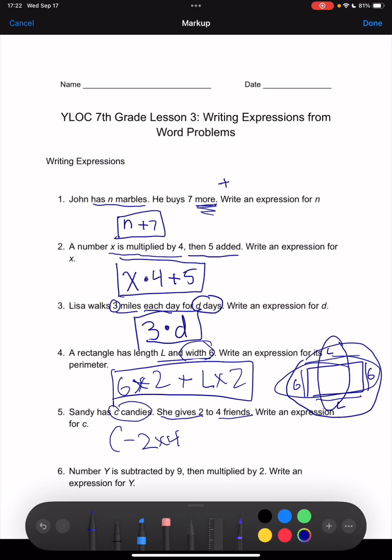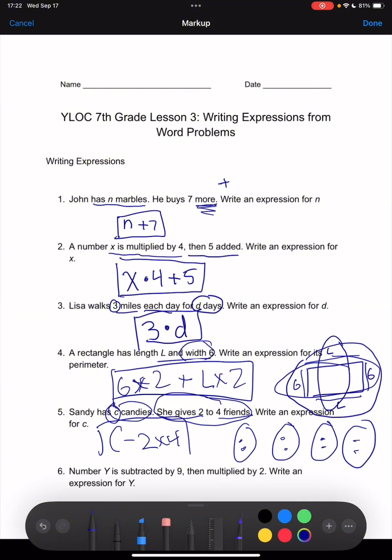This is because there's 4 friends, and each of them gets 2 pieces of candy, according to what the sentence says right here. And that means we're giving stuff away, so we're going to subtract. So she has this much candy, but then she gives away 2 to 4 friends. So it's going to be C minus 2 times 4.